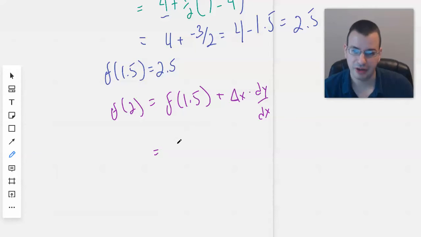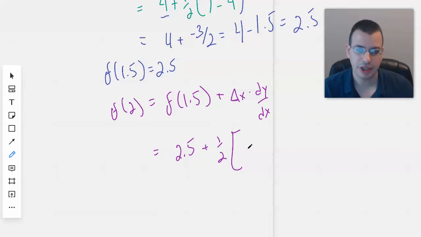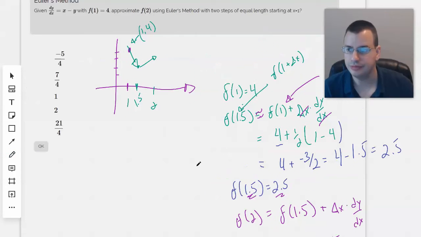So f(1.5), we already approximated as 2.5, plus 1/2, which is the change, times dy/dx, where x is 1.5 and y was 2.5.